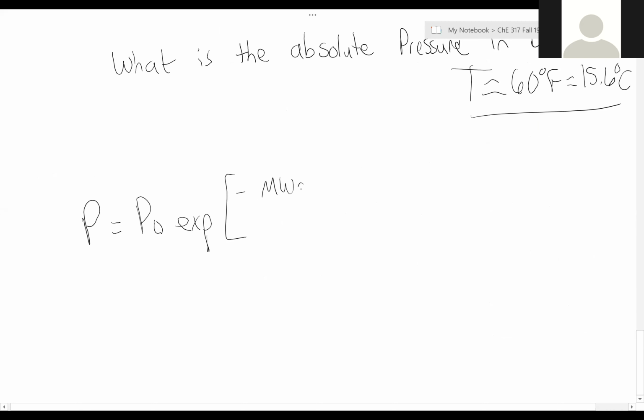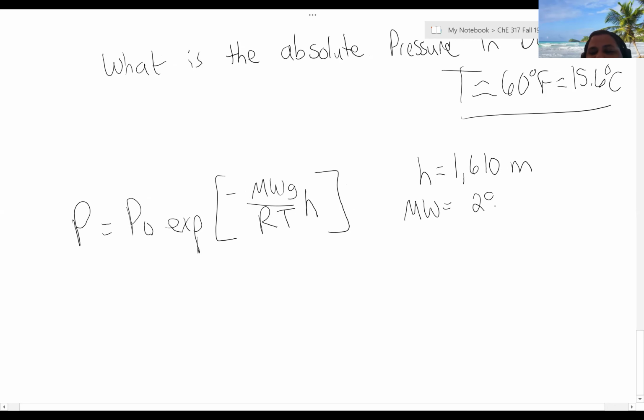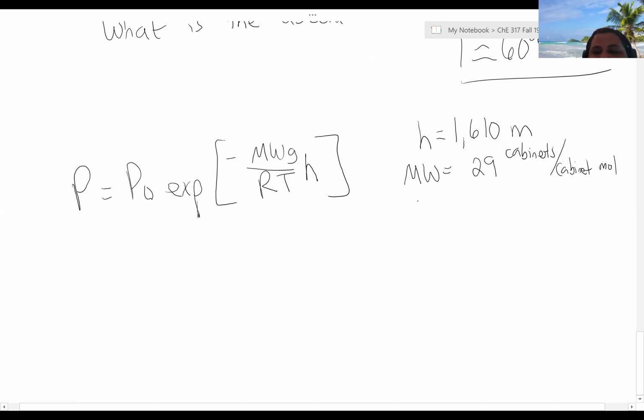There's molecular weight, gravity over RT times H. Now you can do this in terms of SI or English units. It's really up to you. I know most people prefer SI because it's less obnoxious. I apologize, I did not give you the molecular weight of air. It is 29 grams per gram mole, or whatever unit floats your boat.